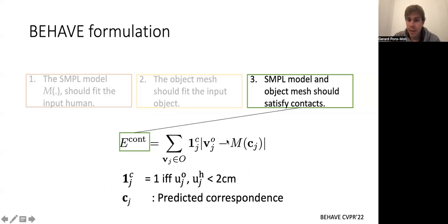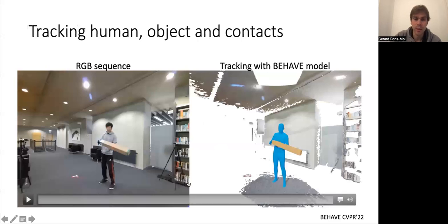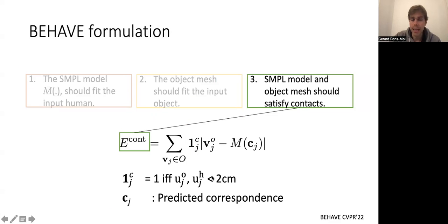And then we want to satisfy contacts. What is a contact? Well, contact is defined in Behave as any point which is close to the object and to the human. Close by some threshold, less than 2 centimeters in this case. So basically, you can know that it's a contact when UJ of O and UH of J are both less than 2 centimeters.